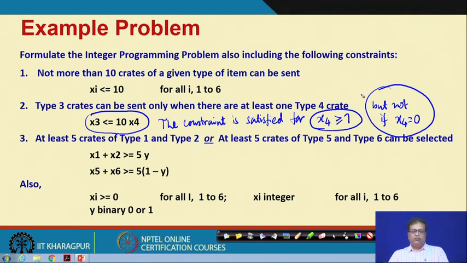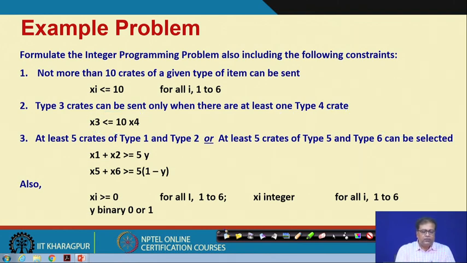Look at the third one: at least 5 crates of type 1 and type 2, or at least 5 crates of type 5 and type 6 can be selected. So, initially let us take out this part first. Suppose that part does not exist.